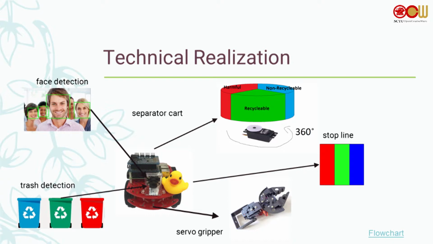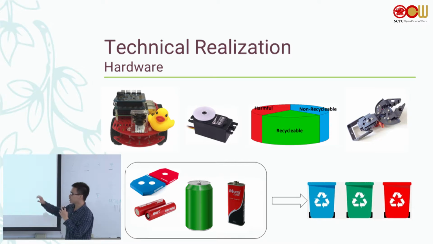Whenever it detects the green stop line, it will stop there and let other people pick up the recyclable part. Then we go on to the blue part and the red part, and it continues like that.